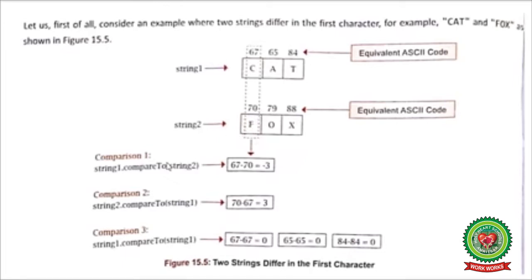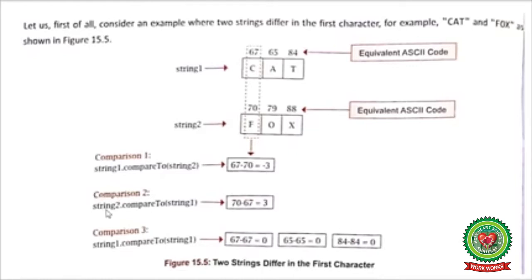So, what will compareTo do? It will subtract string 1 dot string 2. Yes, if I write string1.compareTo(string2), it means 67 minus 70. My answer will be negative, that is minus 3.